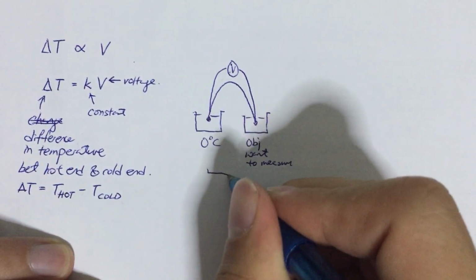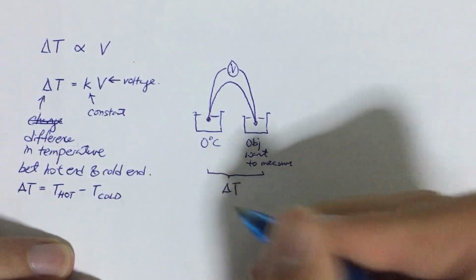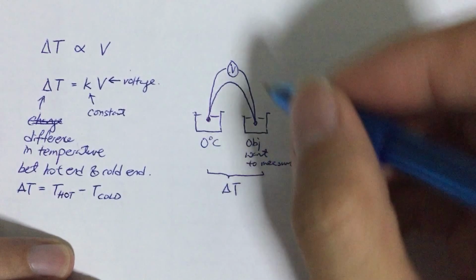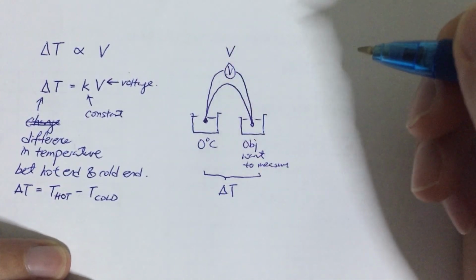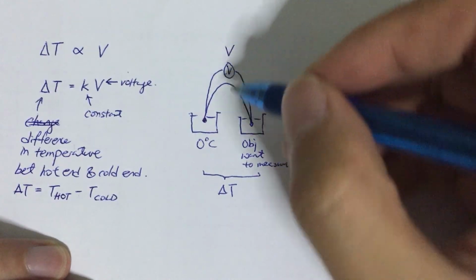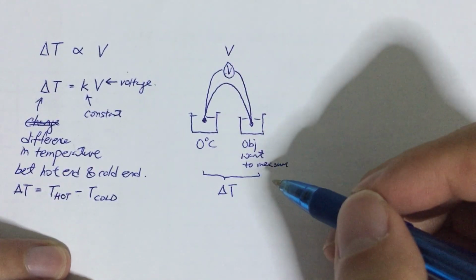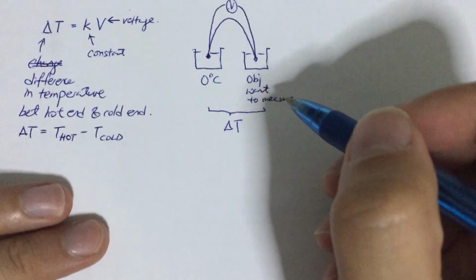Because of this, whatever temperature difference between these two will create a voltage which you can read. From this voltage we can then deduce what this delta T is. So this is the background.